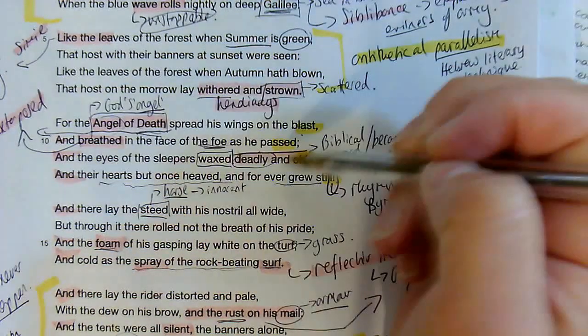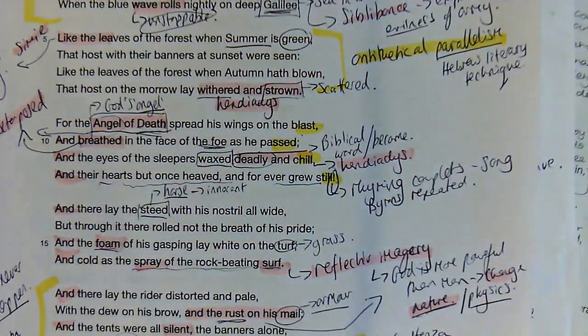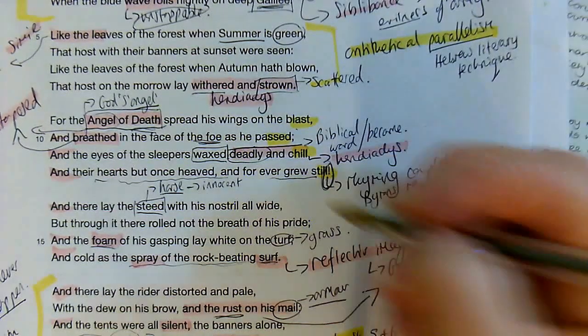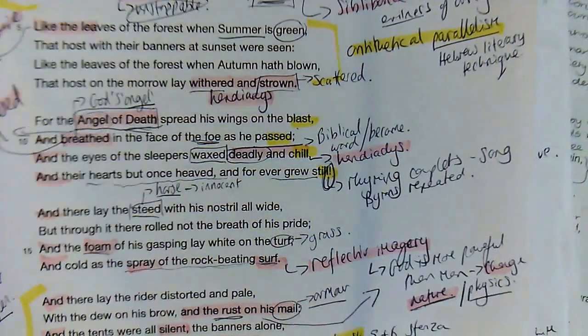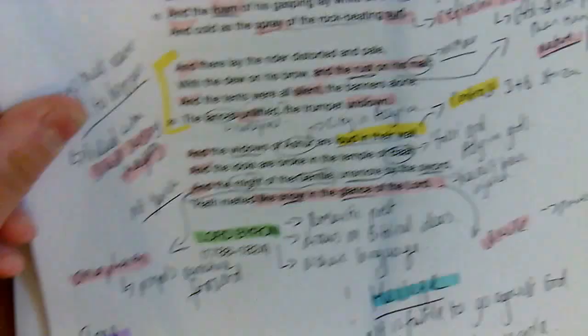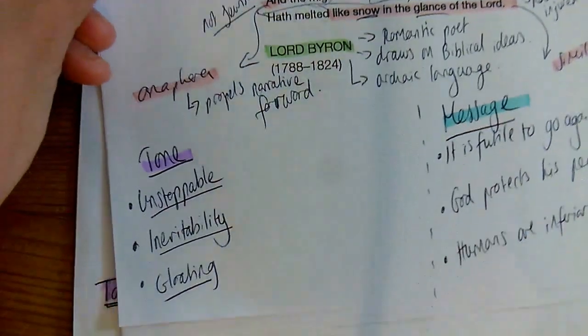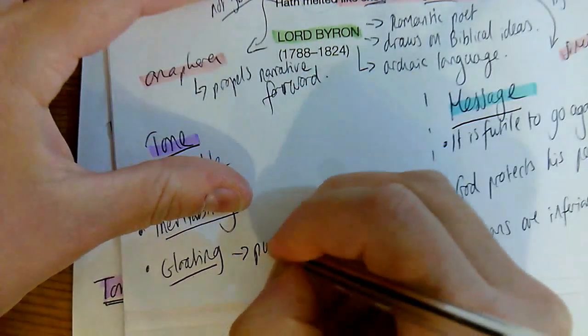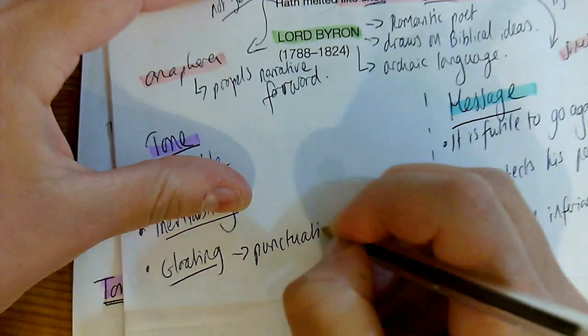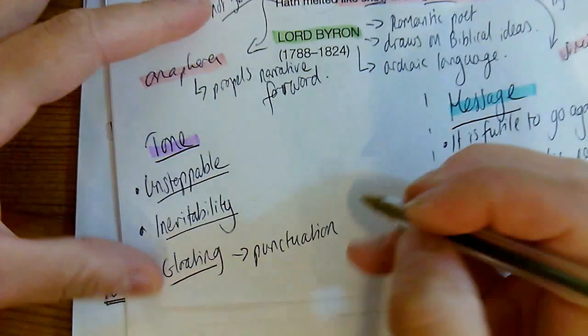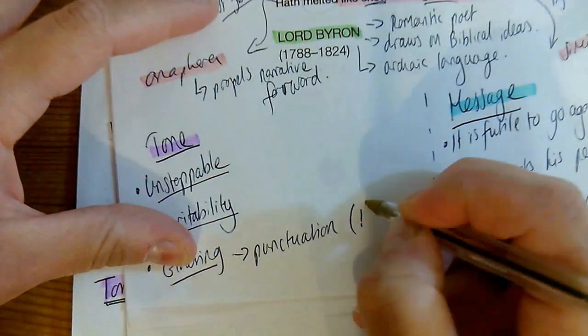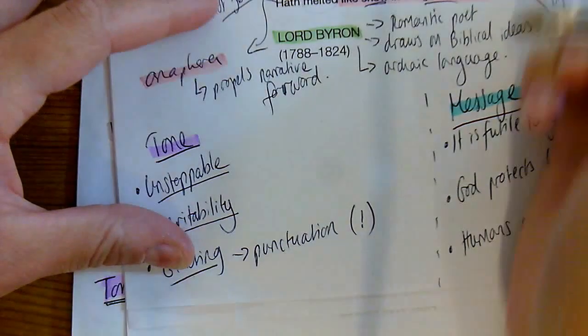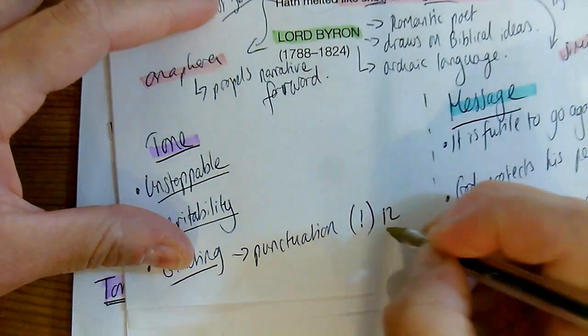This is the whole part here about the angel of death. And then they've got a lovely exclamation mark at the end, as if it's like, yeah, it's impressive, it's exciting, it's dramatic. And so perhaps the punctuation helps me to see that there is a sort of gloating idea here. I'm going to put that exclamation mark, and that is on line 12.